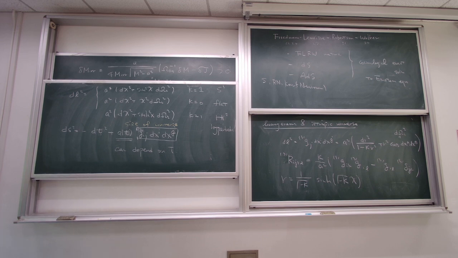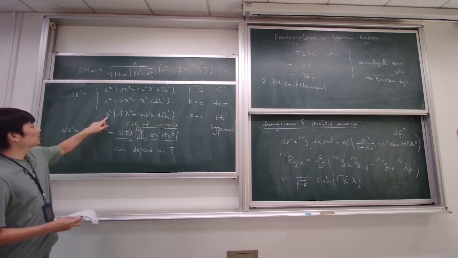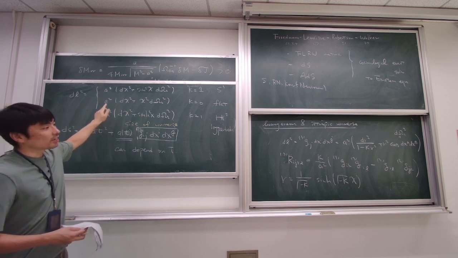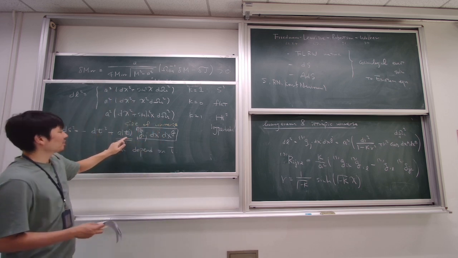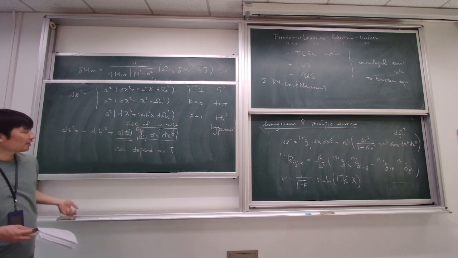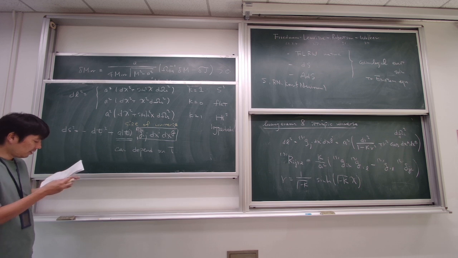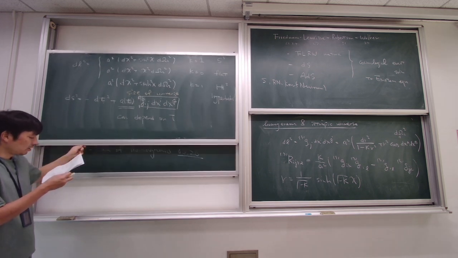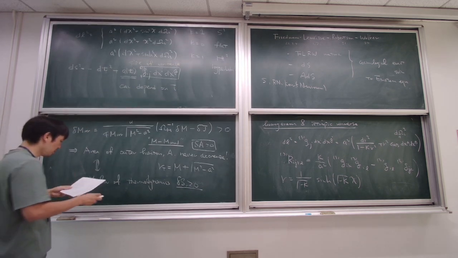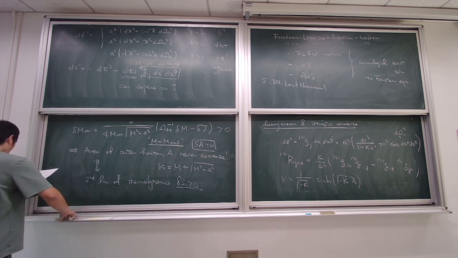Yes, fine. Except this part, a squared is now extracted and it depends on time. I think the way I wrote it is not correct. It's not good form. Okay.